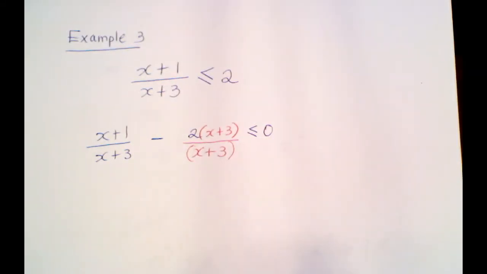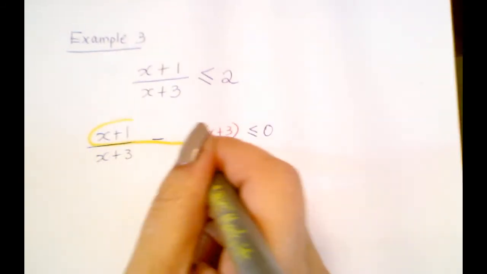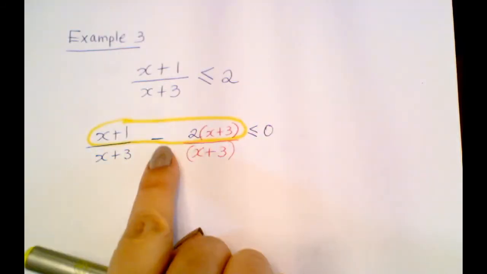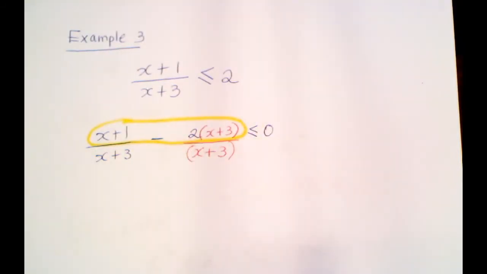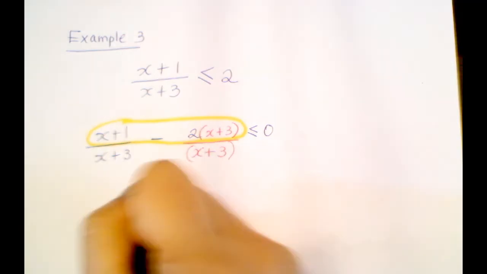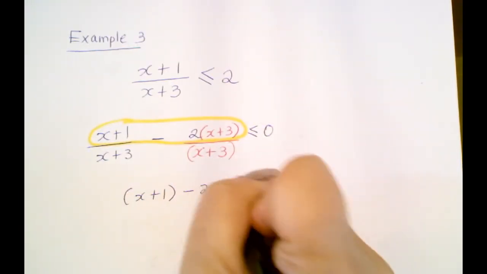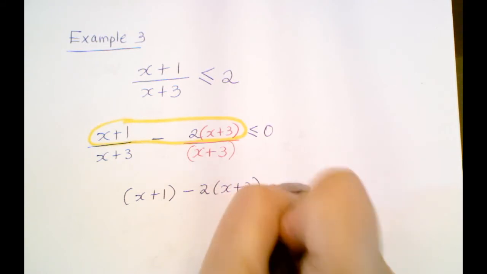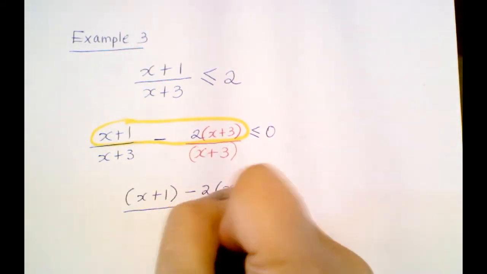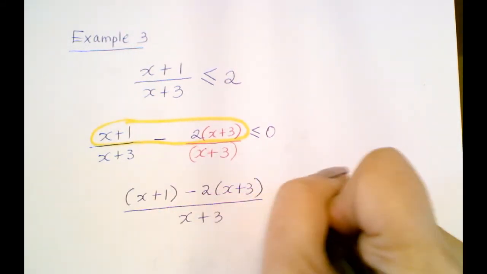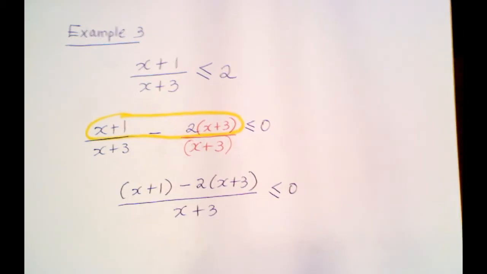Alrighty, so put the numerators together for me, remembering to distribute the negative 2, not a positive 2. So that will turn into x + 1 minus 2 times (x + 3), all divided by that common denominator of x + 3, and those are less than or equal to 0.